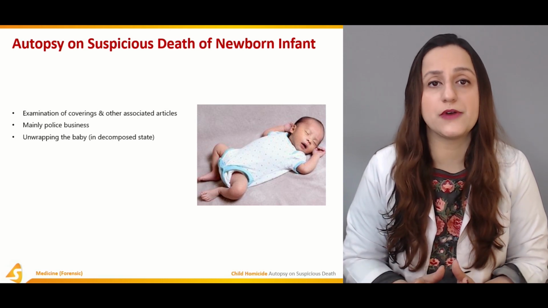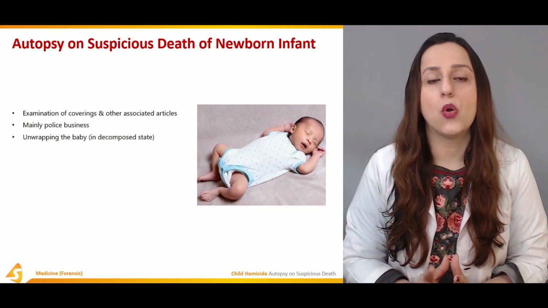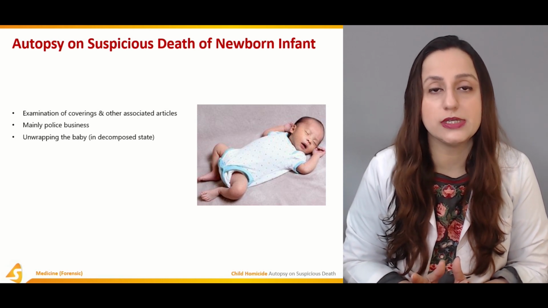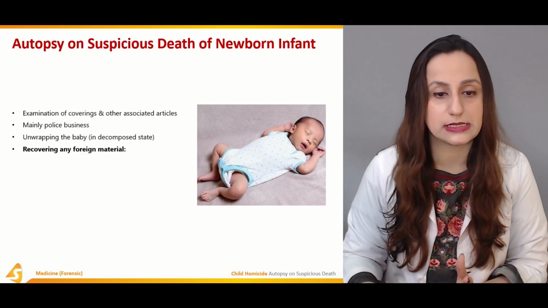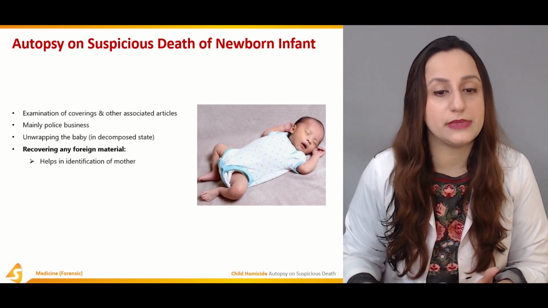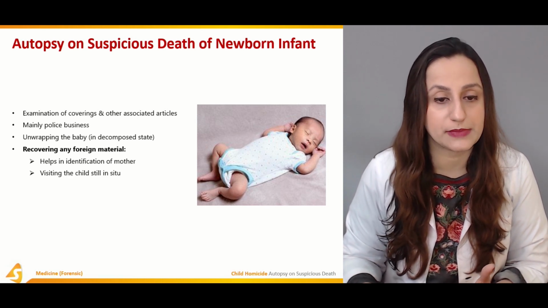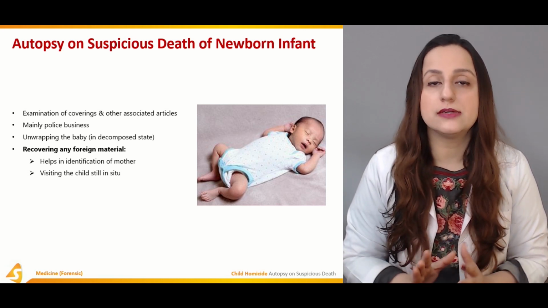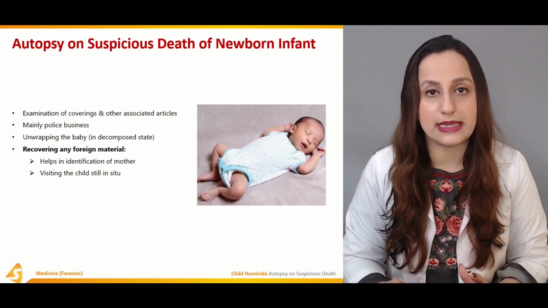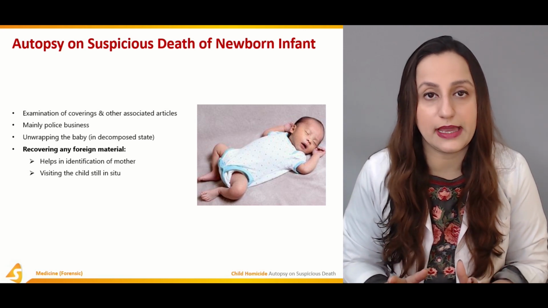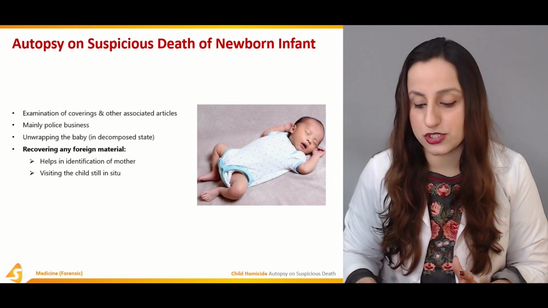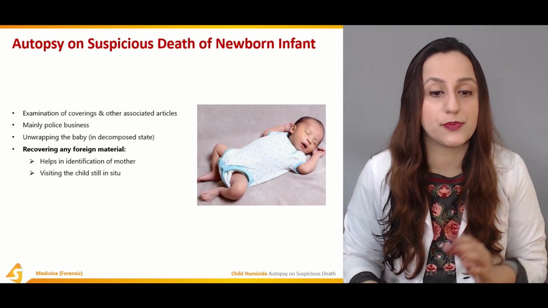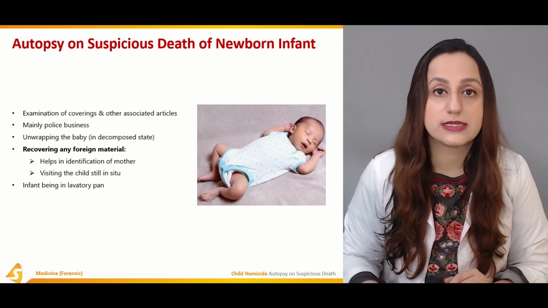If something is found, for example blood stains or any trace evidence, that has to be completely documented. Then recovering any foreign material helps in the identification of the mother, and visiting the child still in situ. Wherever the child is placed, you will visit the crime scene, get the information about it, and get a report done after visiting the crime scene.